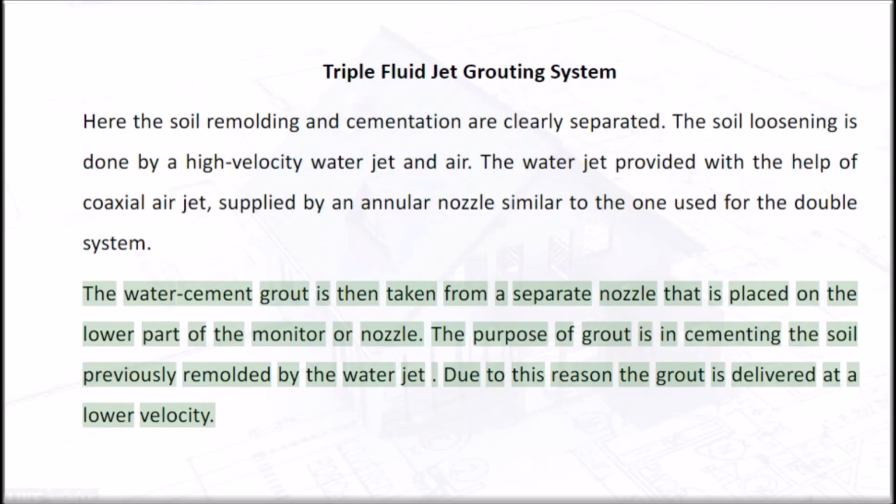The water cement grout is then taken from a separate nozzle that is placed on the lower part of the monitor or nozzle. The purpose of grout is in cementing the soil previously remolded by the water jet. Due to this reason, the grout is delivered at a lower velocity.